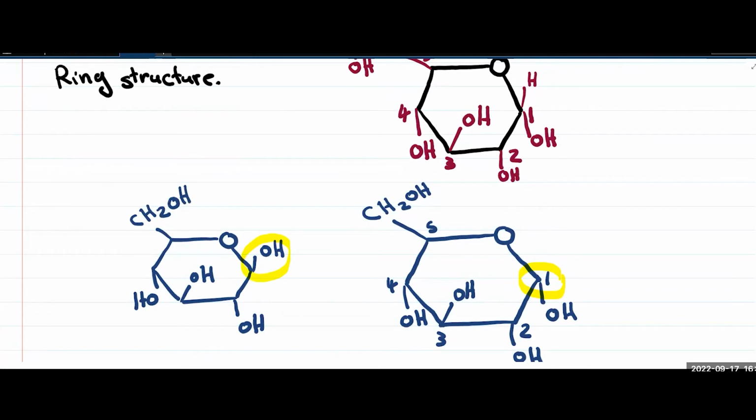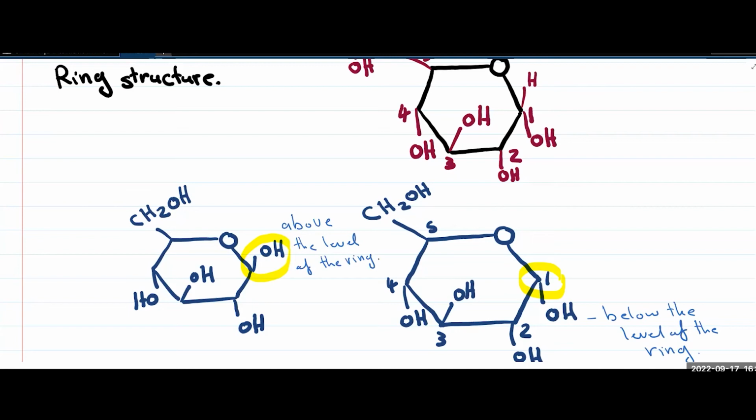By the way, this position is below the level of the ring. You understand what it means, below the level of the ring? And this one is above the level of the ring.